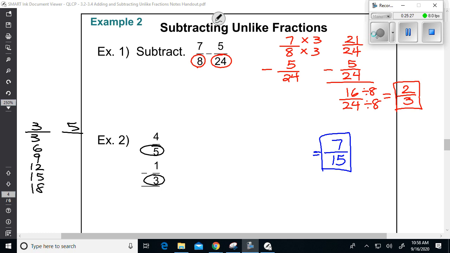Now multiples of 5: 5, 10, 15. There's your common multiple. As you get the first multiple, you stop. So 15 is what you're going to use.